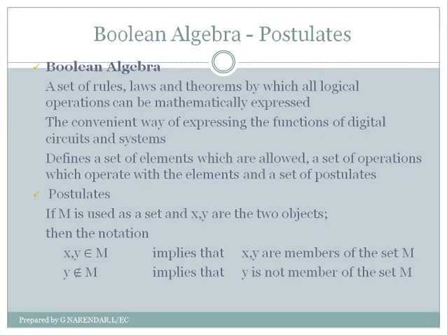So basically, Boolean algebra defines a set of elements which are allowed, a set of operations which operate on the elements, and a set of postulates. In parallel with normal algebra, it also has a set of elements on which the Boolean algebra laws and theorems are defined, a set of operations which operate on the elements, and a set of rules.